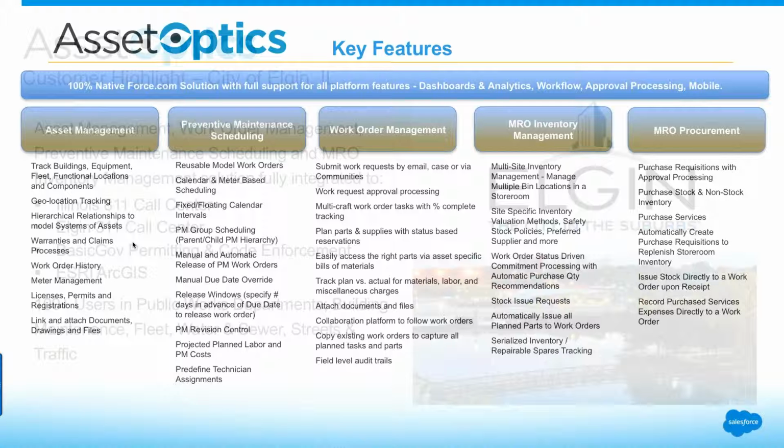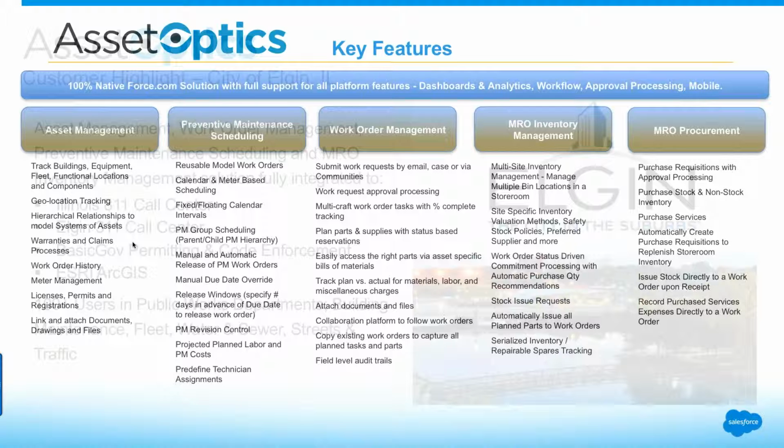And then lastly, from a functional perspective, we offer a full MRO procurement solution where, again, you can have purchase requisitions automatically created from the inventory system based upon the replenishment needs. You can manually input purchase requisitions and utilize Salesforce approval processing to route those for approval, and they can be conditional-based approvals.